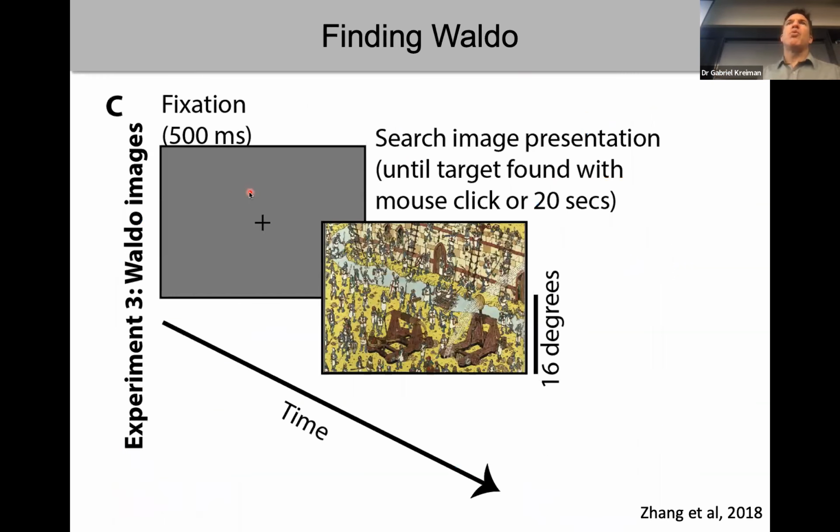Okay, so we have these four maps, and a certain way of combining them by assigning weights. So now we have four free parameters that we use to combine these four maps into a single attention map to dictate where people will move their eyes.